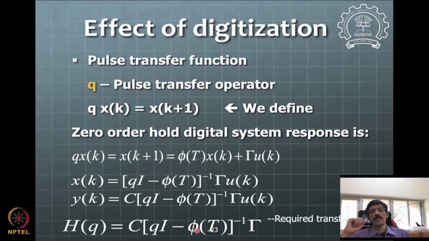Okay, so that B matrix is coming here, and A matrix is coming here, and C matrix is here, like that. We have used all these three ABC matrices to get to the final transfer function, okay, in the digital domain.